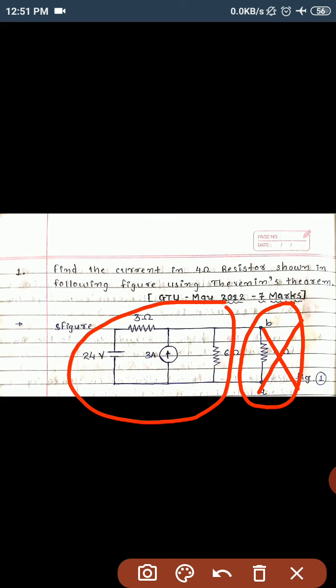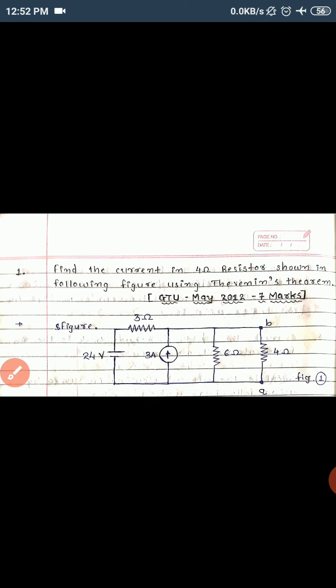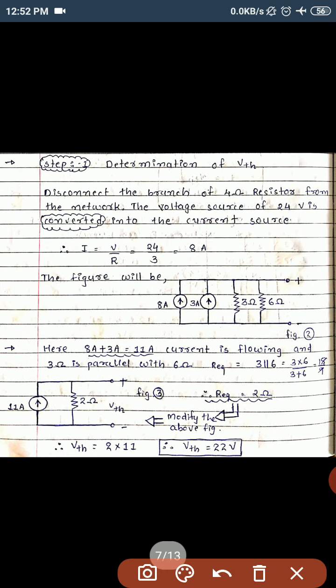If we convert this 24 volt source into a current source, the 3 ohm resistor is then connected in parallel with the current value that we find using Ohm's law, and we convert the figure to determine the value of VTH. In this figure we remove network B and open the terminals.